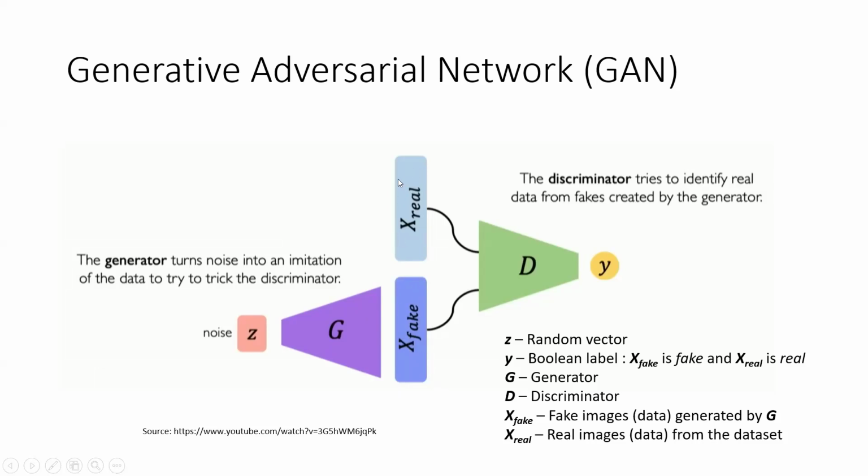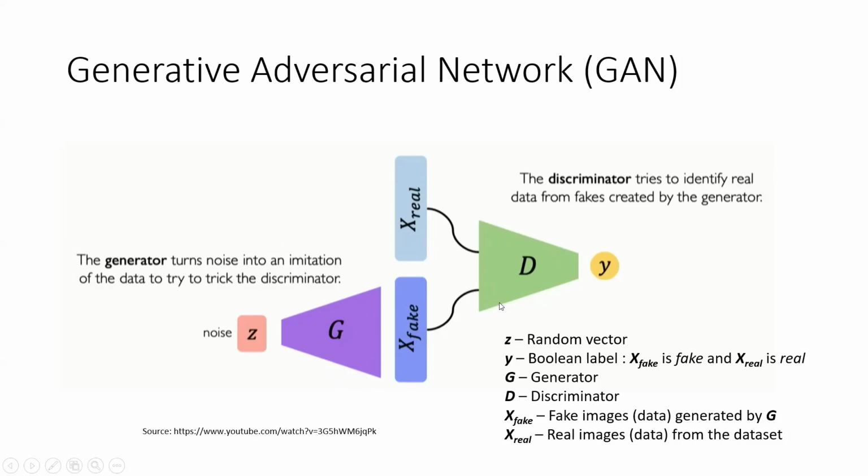And there is another set of x data relevant to the real data. In this example, the image data set that we are going to use for this GAN is given as x real. X fake is completely generated by this generator network, which is represented by G.